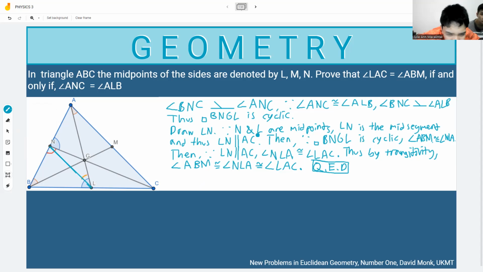So then since LN is parallel to AC, NLA is congruent to LAC.